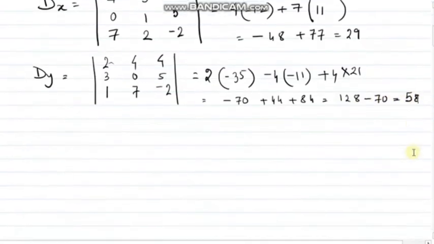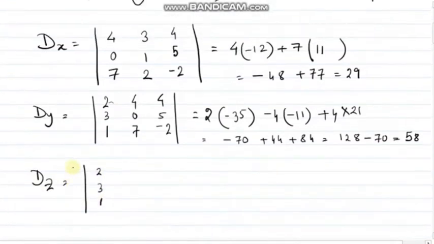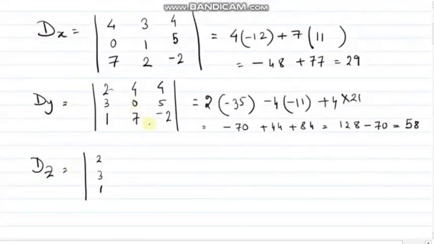The last one, I hope by that time all of you understood. The last one will be dz, where I am going to substitute the column of z. So it was 2, 3, 1, then 3, 1, 2, then 3, 1, 2, and in the last column I am going to write 4, 0, 7. If I find the value with respect to the first row only, 2 into 1 into 7, which is 7, minus 0.